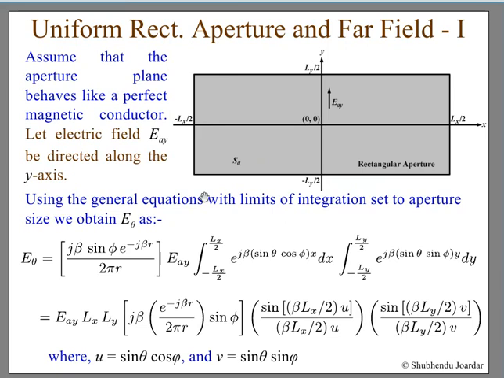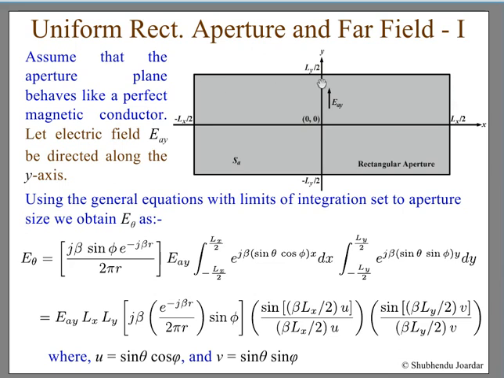And now we calculate it for a rectangular aperture. So this is a rectangular aperture. For example, you can check a waveguide, the front side of it, A and B. A is this one, I think B is this one. And assume that the aperture plane behaves like a perfect magnetic conductor.